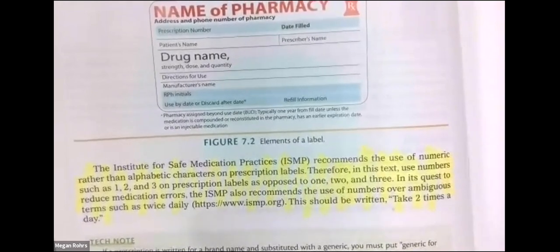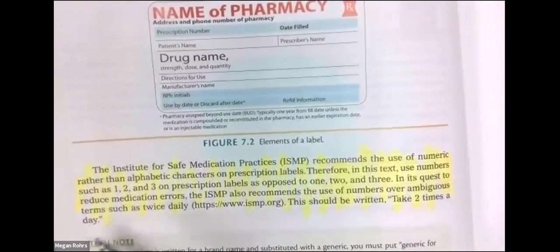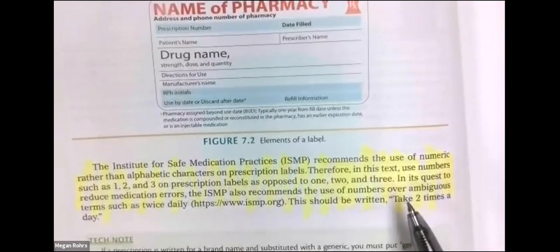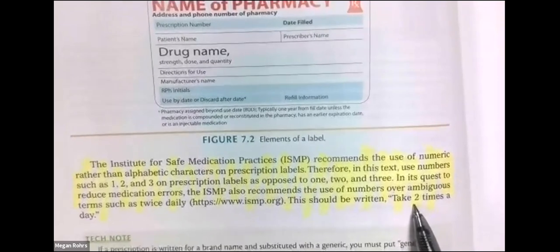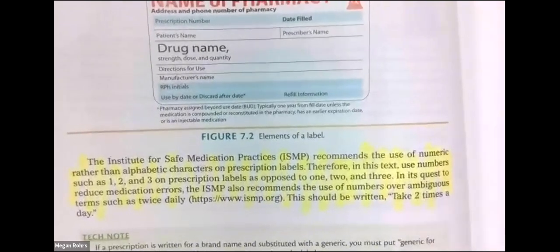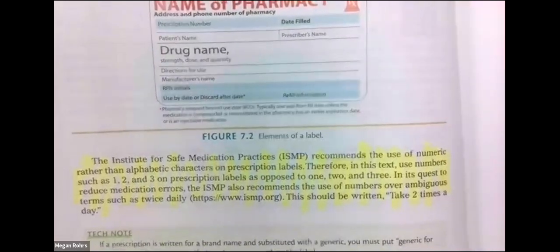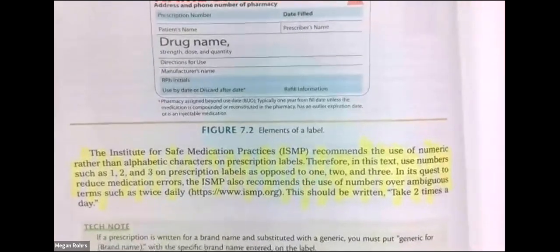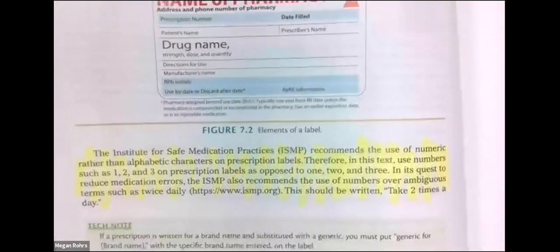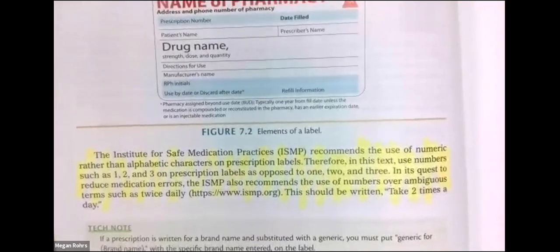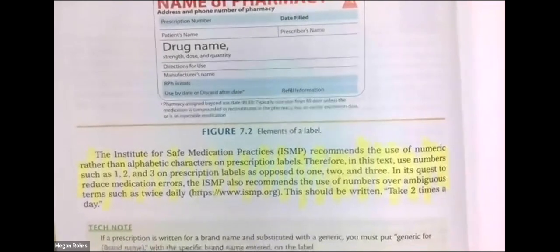So for example, we would say take 2 times a day rather than writing out the word two or saying twice daily. So we really prefer to use those numbers rather than writing out the words for any numeric digits. So just keep that in mind as you're doing your assignments this week and as we go throughout the future.